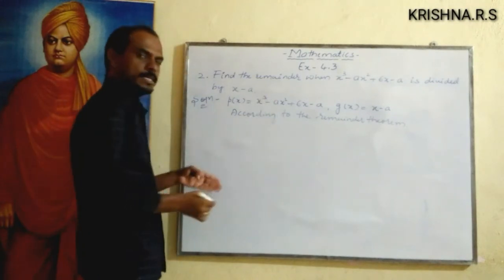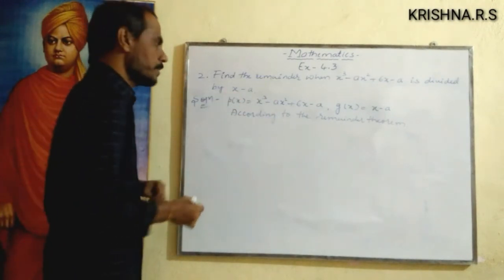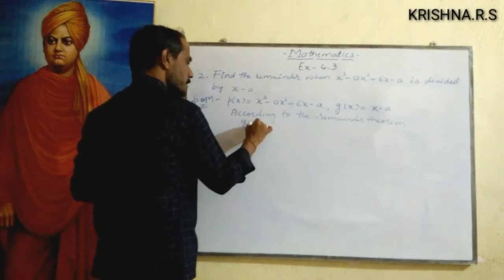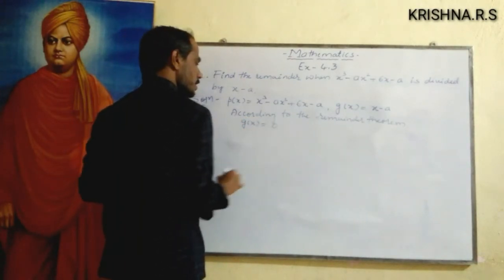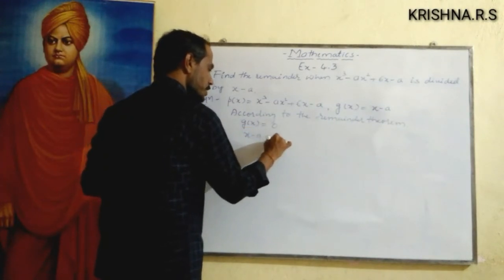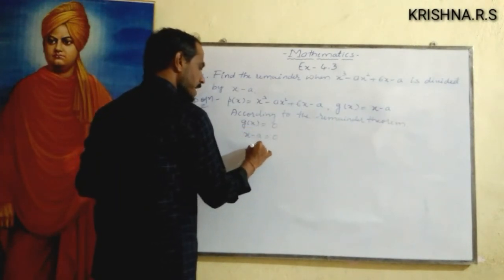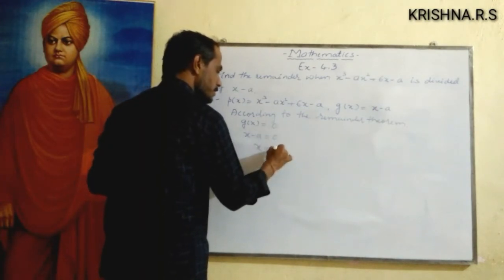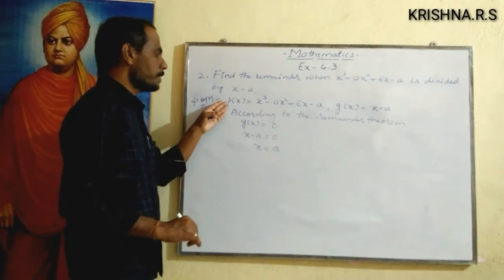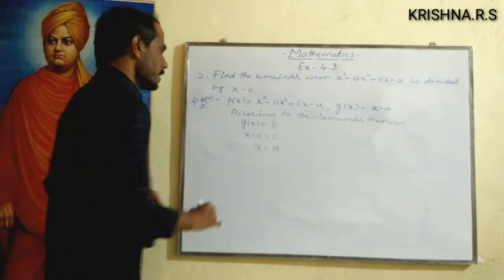The same procedure as we did in the previous problem. G of x is equal to 0. What is the g of x? X minus a is equal to 0. Okay, implies that x is equal to what? Minus a sent to that side, it is plus a. Okay, substitute in the p of x, x value is a.